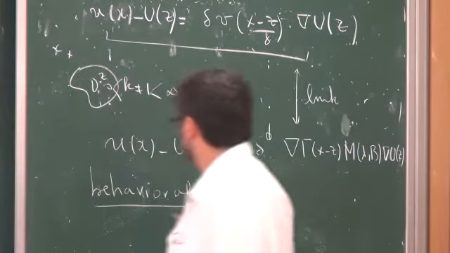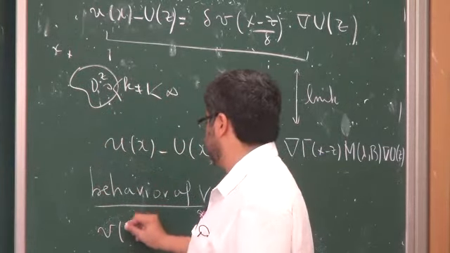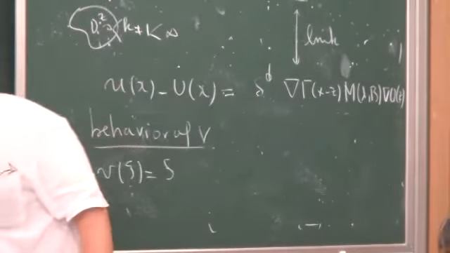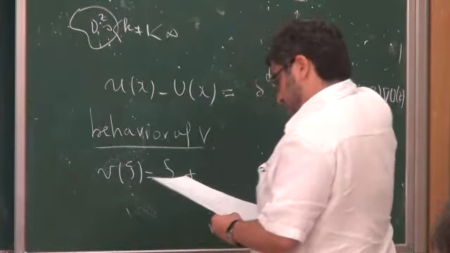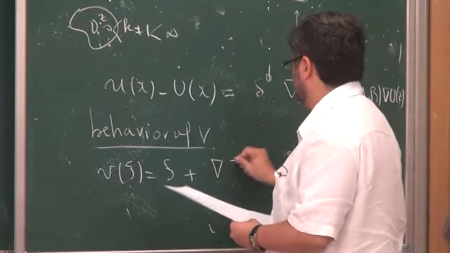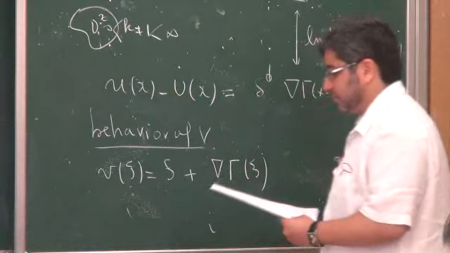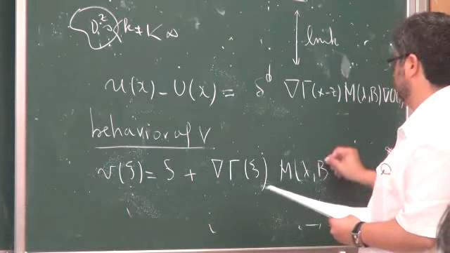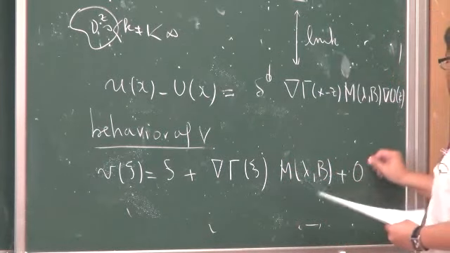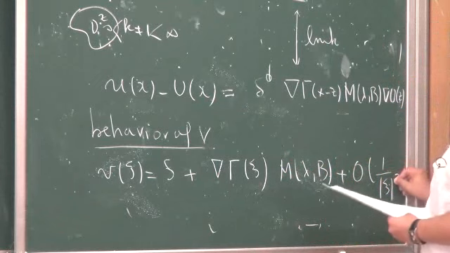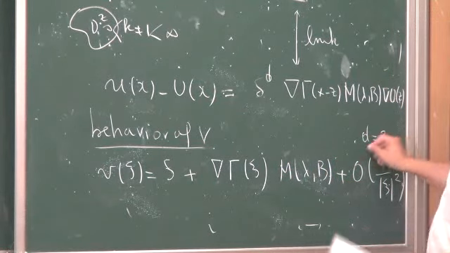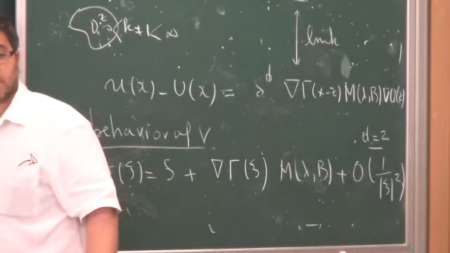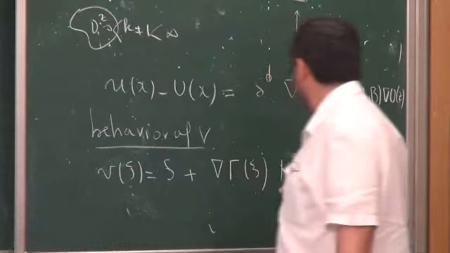You can write that V of xi is equal to xi, this is its behavior at infinity, plus the gradient of gamma at xi times the polarization tensor, plus O of 1 over xi squared in dimension 2. So the asymptotic behavior at infinity of V gives you the polarization tensor.